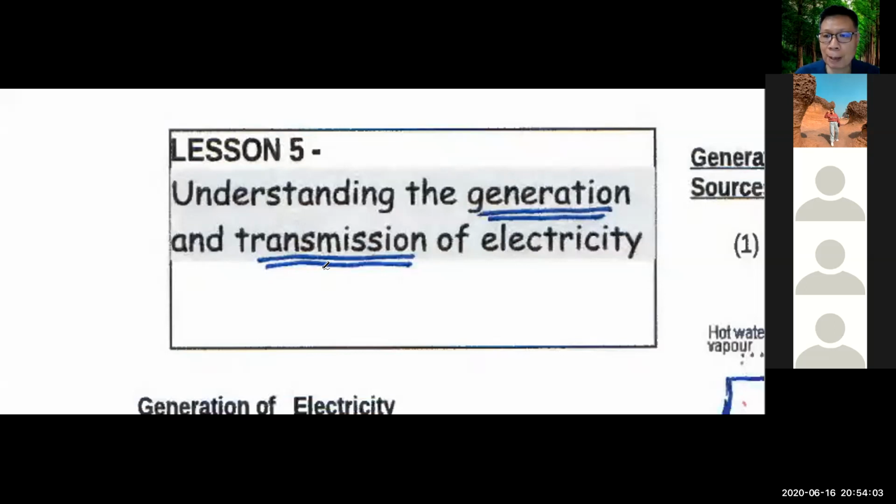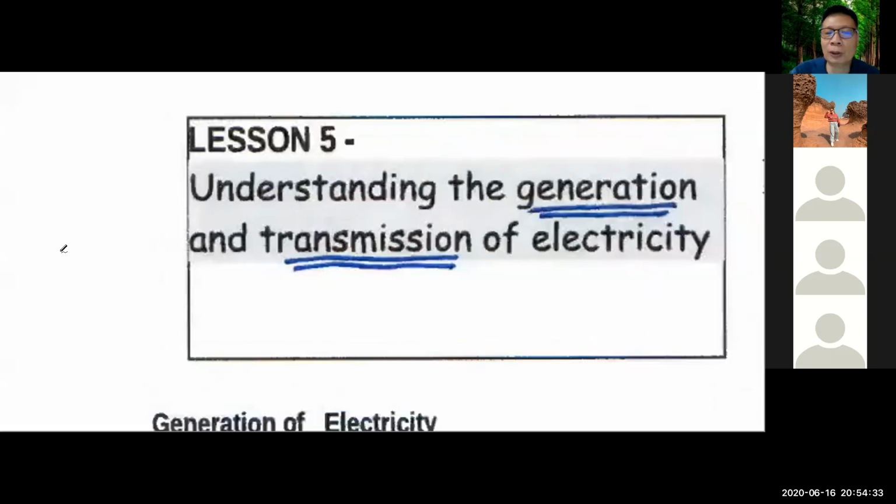The power stations in Terengganu and Pahang, in Kenyir Lake, in Pahang, and in Cameron Highlands, generate the current. The electricity needs to be sent all the way from Terengganu to Malacca to Johor. This is a big process, very important.